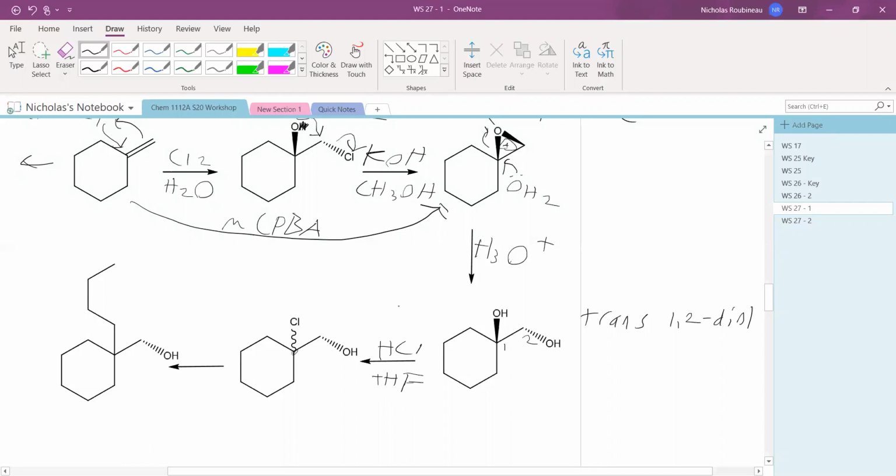So if you want to substitute a halogen for a tertiary alcohol, you use HCl, and that does SN1. And if you want to do a primary or secondary, you want to do SN2, and that would use SOCl2. So it depends on which one you were trying to react with. And here we were only reacting with the tertiary one.